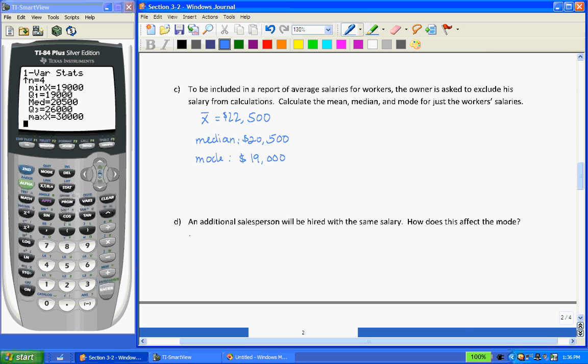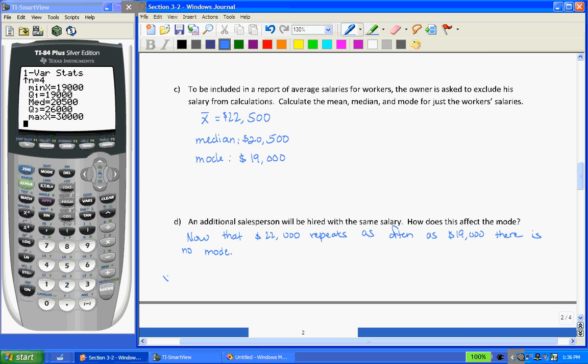One option is to say, now that 22,000 repeats as often as 19,000, there is no mode. So there isn't one value that stands out as the one that has the most repeats.